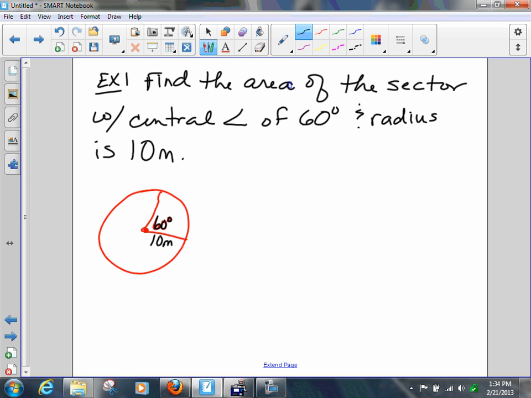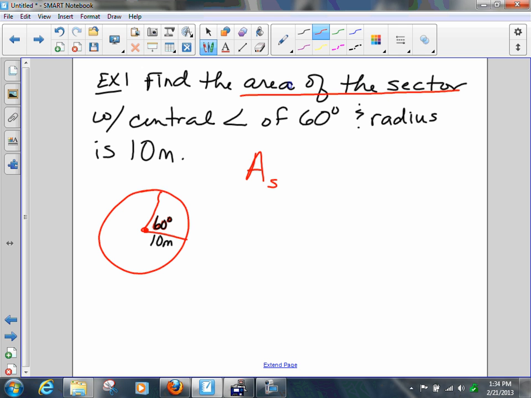Yes, this one says sector. The other one said what? Arc length. Oh, that's what happens when you read the problem. You need to read it. The area, the area of the sector.